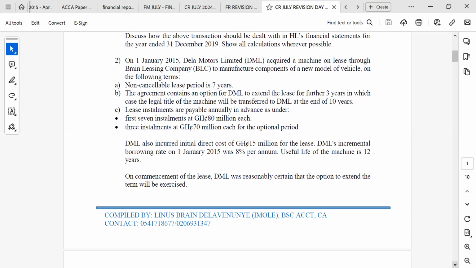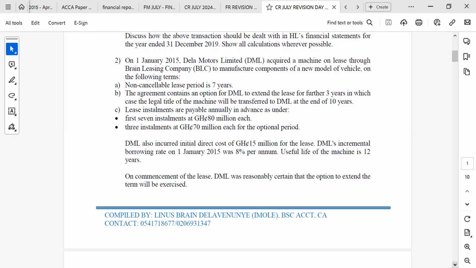A. Non-cancelable lease period of 7 years. B. The agreement contains an option for DML to extend the lease for a further 3 years, in which case the legal title of the machine will be transferred to DML at the end of 10 years.